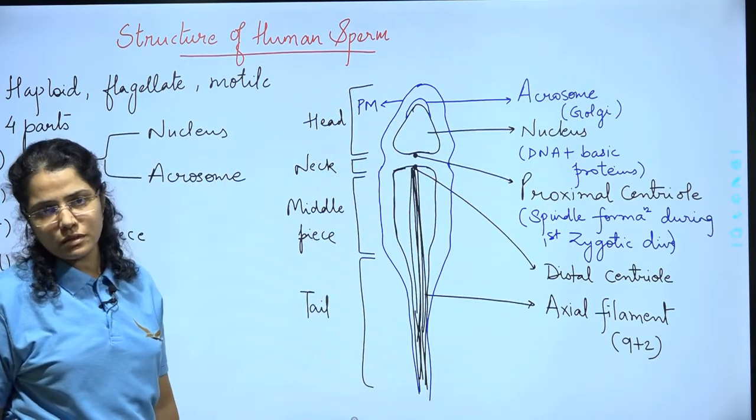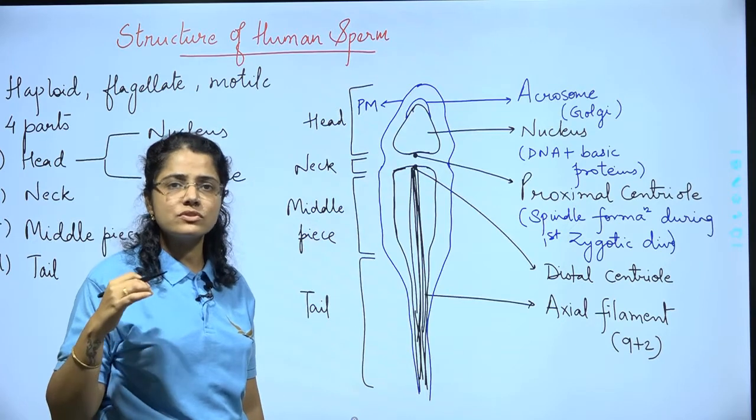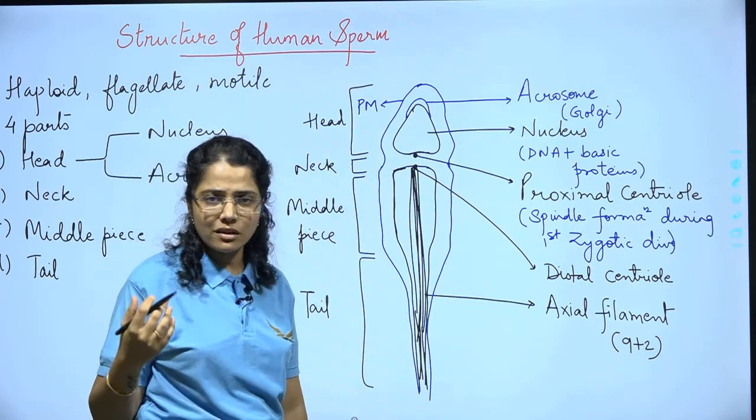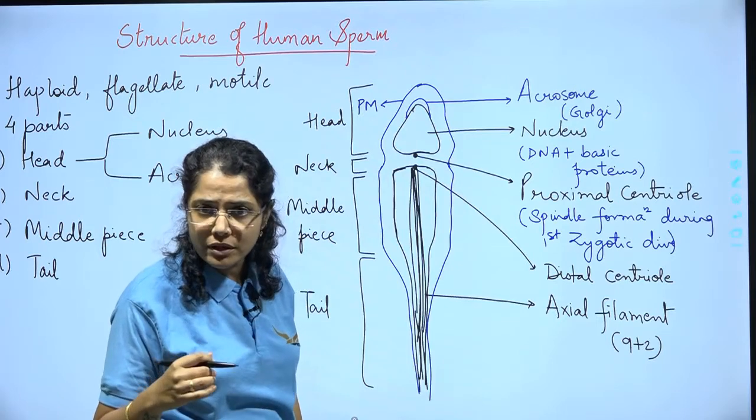The Nebenkern is the spirally arranged ribbon-like structure, which is the mitochondria, spirally arranged and ribbon-like; that we are calling the Nebenkern.